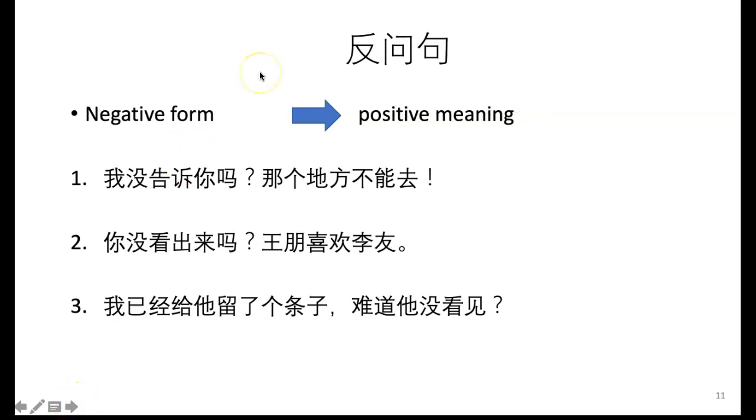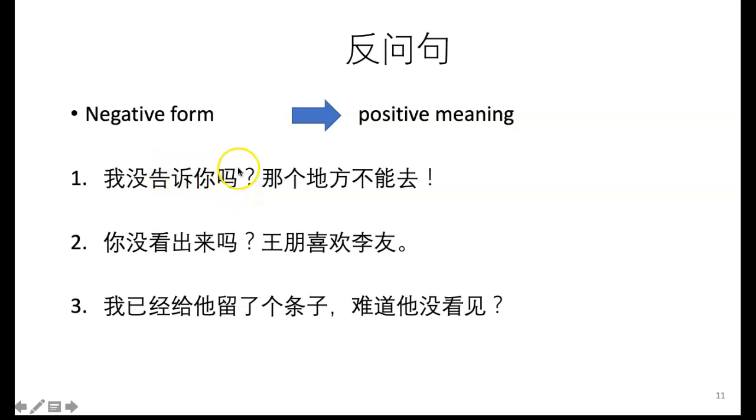好，now, if the original form is in a negative form, then the real meaning will be a positive one. 比如说，我没告诉你吗？So, on the surface, it means, didn't I tell you?